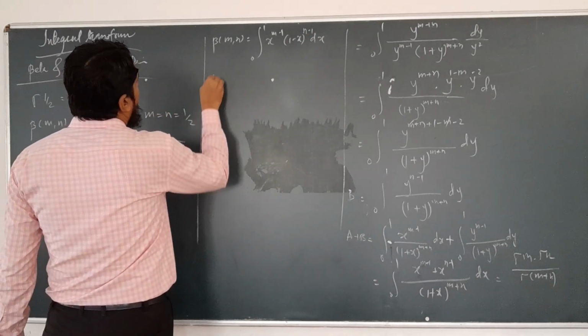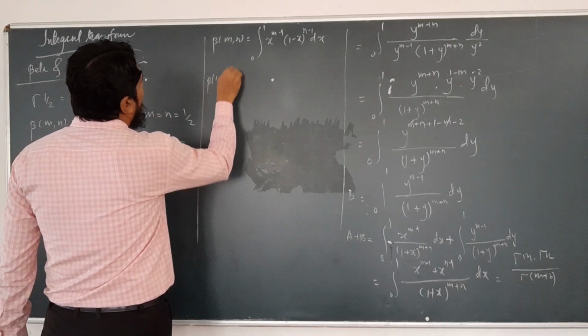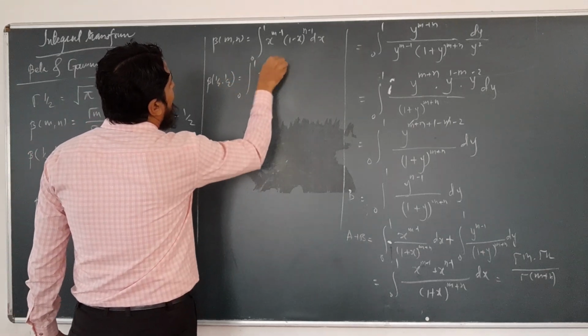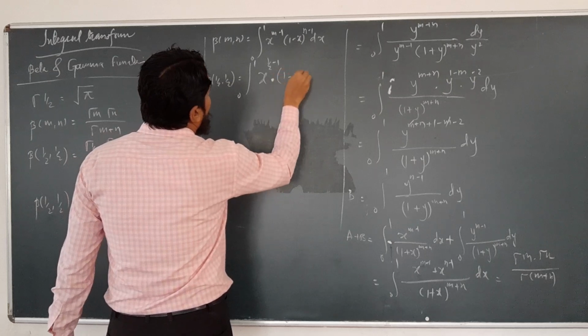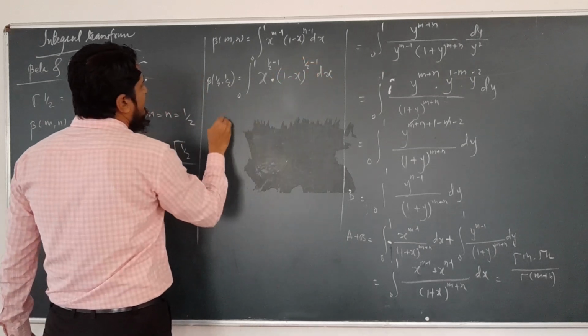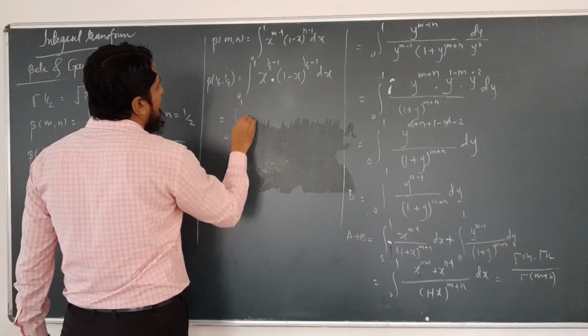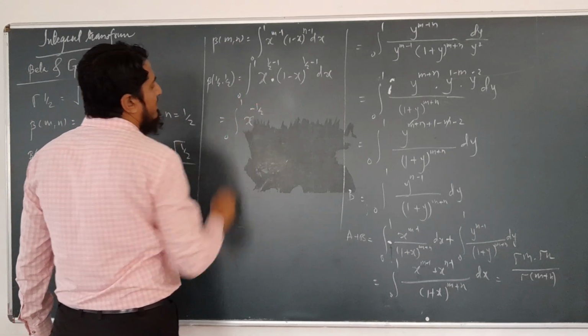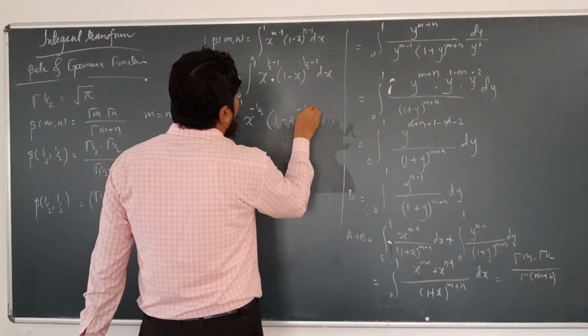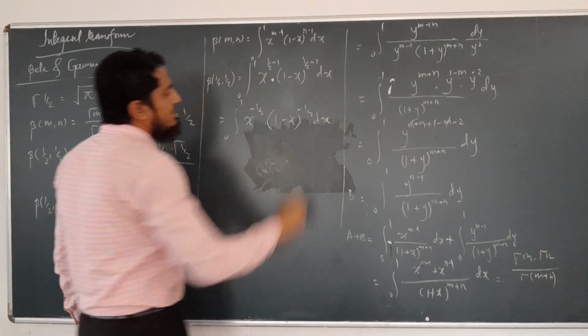So beta of half, half becomes integration from 0 to 1 x raised to half minus 1 and 1 minus x raised to half minus 1 dx, which is equal to integration from 0 to 1 x raised to minus 1 by 2 and 1 minus x raised to minus 1 by 2 dx.